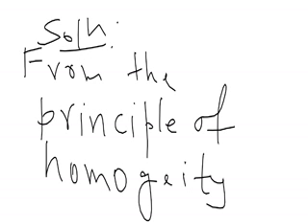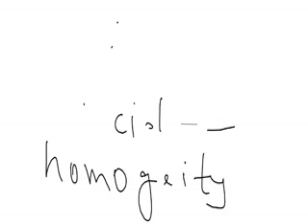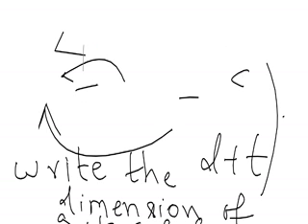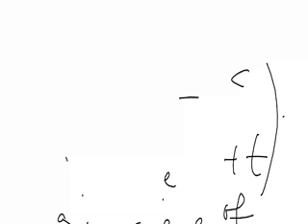What is the principle of homogeneity? Principle of homogeneity means the dimension of LHS of an equation will be equal to the dimension of RHS. Good.